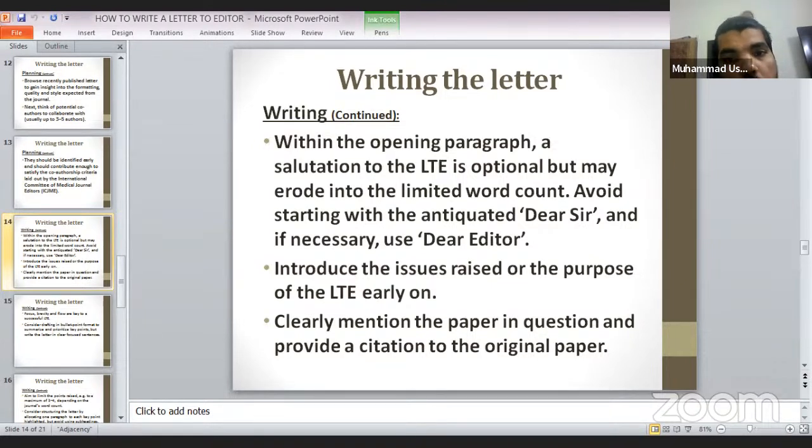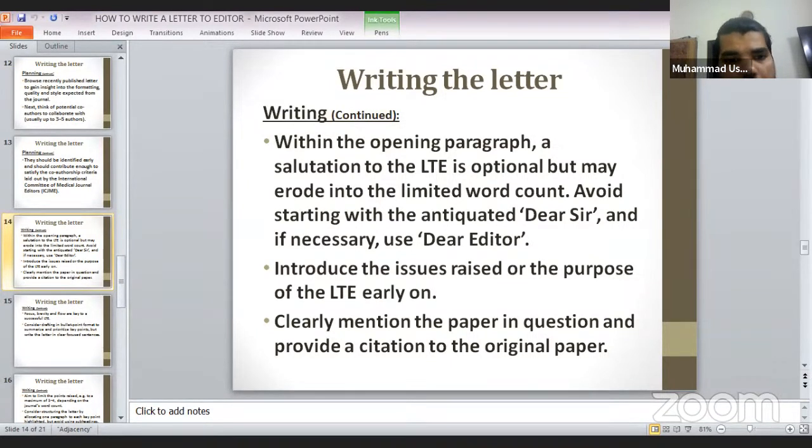You don't need to say dear editor or something like this, and you can just start right away. And it is also important to mention, as I mentioned previously, that you should avoid an outdated variant, that is dear sir. Instead, you should be saying dear editor.